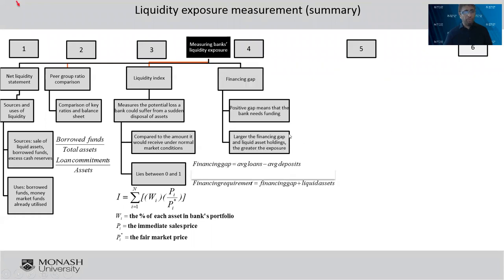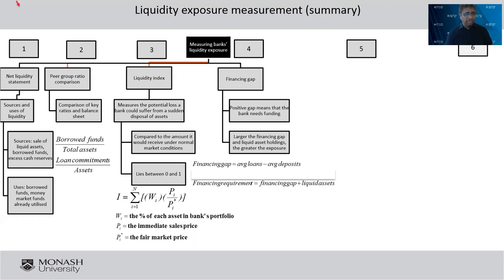Number 4, we use something called the financing gap. The financing gap is basically the difference between the loans we are expected to give and the deposits we are expecting to receive in the future. We see what the difference is, and we add to that requirement the holding of what we call cash.